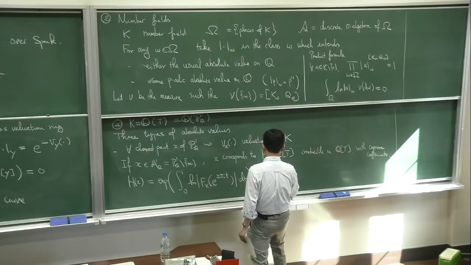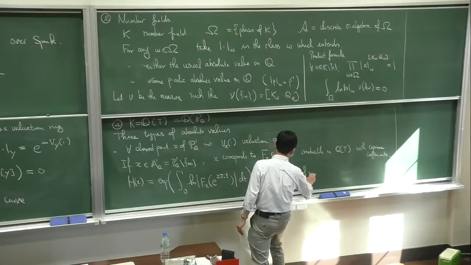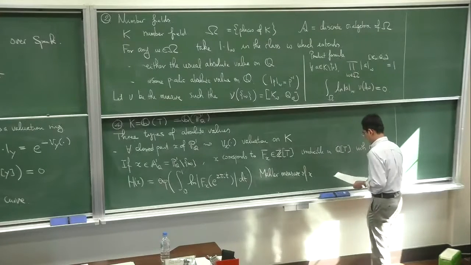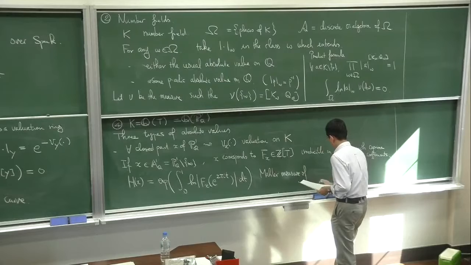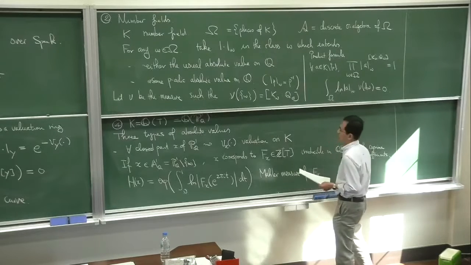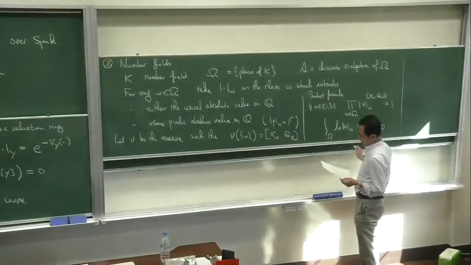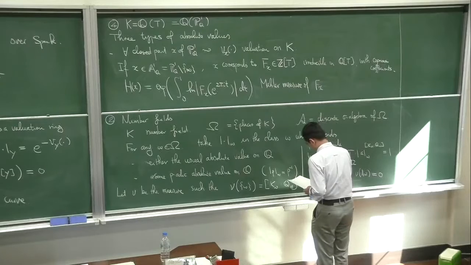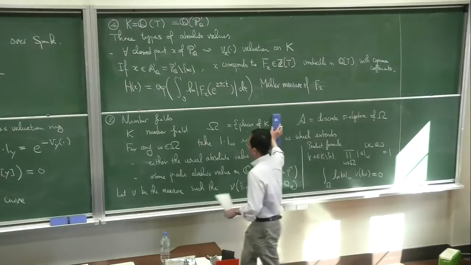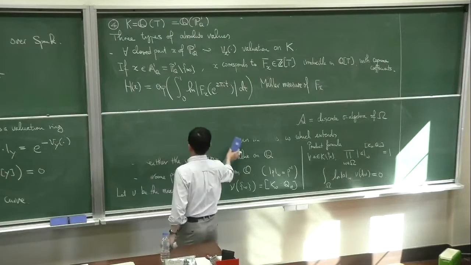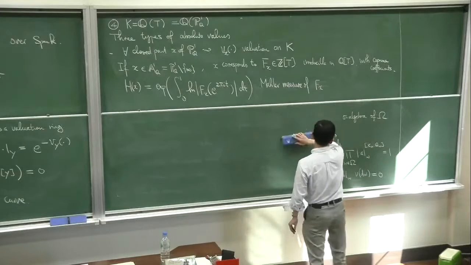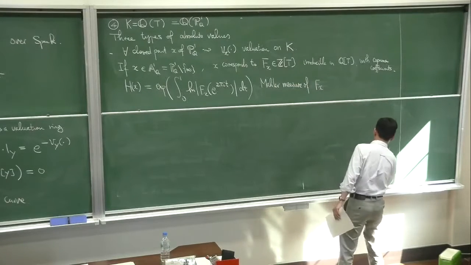So this is another measure of f_x. So why would this be the height of the point? Let me explain another computation of this integral.